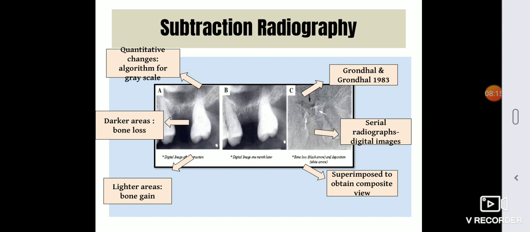Another thing you would have noticed in figure C is that the unwanted structures like the tooth structure, etc., are eliminated, or subtracted, from the final image. So that is what subtraction radiography is all about.